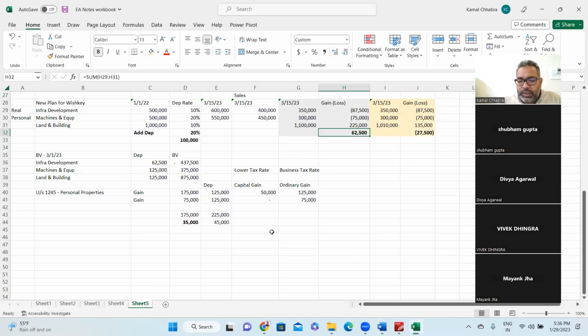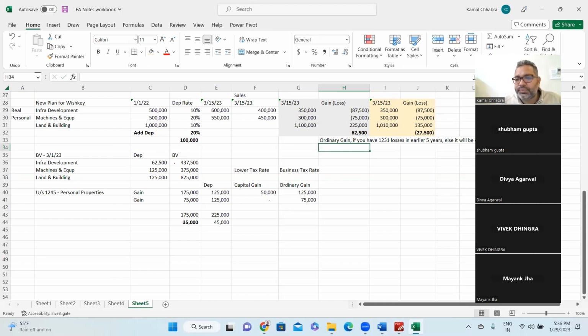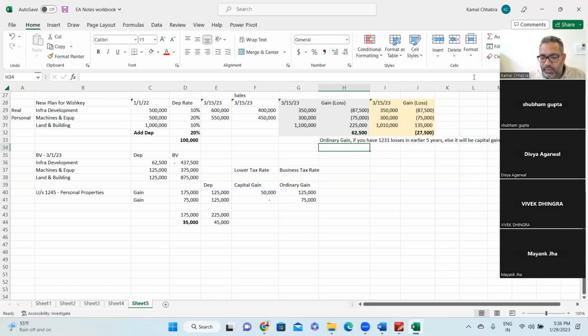So this will be treated as ordinary gain if you have 1231 losses in the earlier 5 years, else it will be capital gain. Make sense? Have you got it, or do you need some clarification?